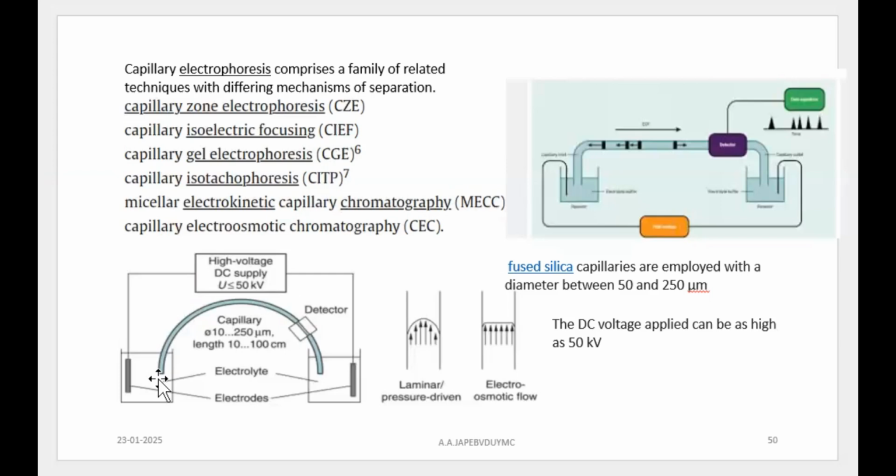So continuous analysis of the analytes using spectra-based analysis, that is refractive index and absorbance and all that, is taken, and you get continuous real-time analysis and the data generated will be visualized or displayed.